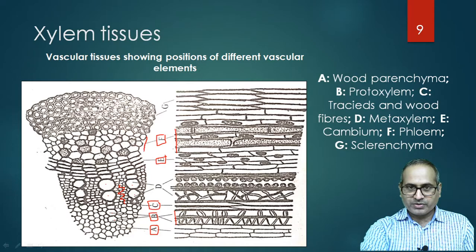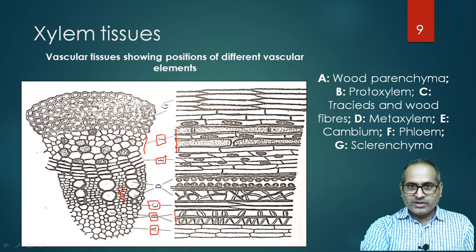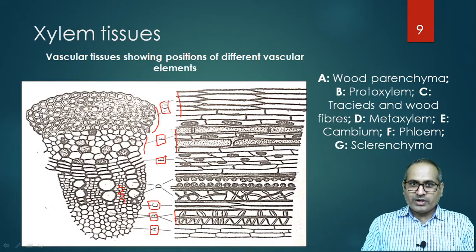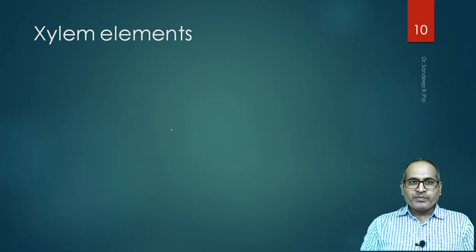And lastly, G, these are sclerenchyma cells. So this is how vascular elements are shown with their positions. Vascular elements like wood parenchyma, protoxylem, tracheids, wood fibers, metaxylem, cambium, phloem, and sclerenchyma are arranged in vascular bundles.